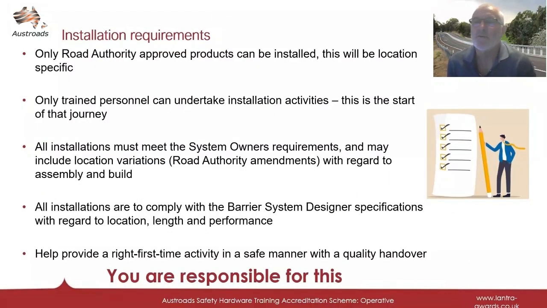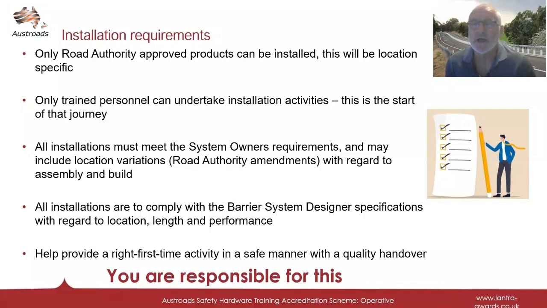Installation requirements. Only road authority approved products can be installed. This will be location specific. Only trained personnel can undertake installation activities. This is the start of this journey. All installations must meet the system owner's requirements and may include location variation, road authority amendments with regard to assembly and build.